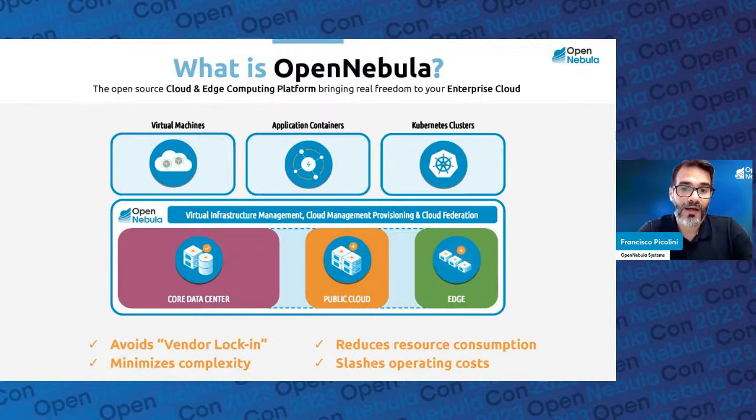So you have a good variety of services, and we want to avoid vendor lock-in, as we always say. And on top of that, you can use virtual machines, containers, or Kubernetes, which is the big thing right now, apparently.